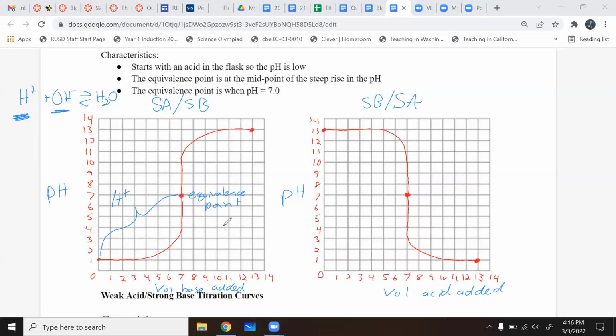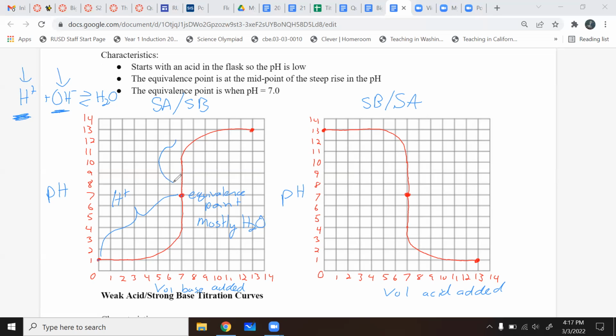At the equivalence point, the thing that you have in that solution is mostly water. The reason for that is because when H plus and OH minus are equal, that's just water. You might have a little bit of autoionization going on because it is in equilibrium, and that does happen, but most of what you'll see at that equivalence point is water.